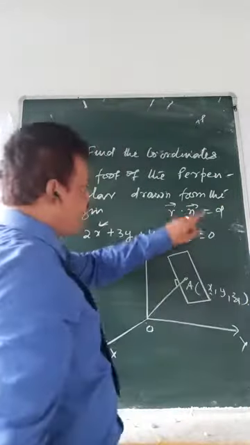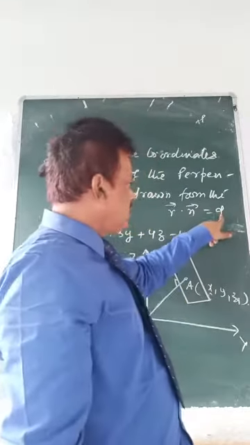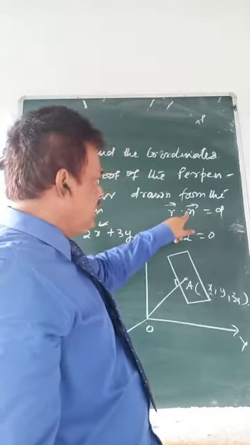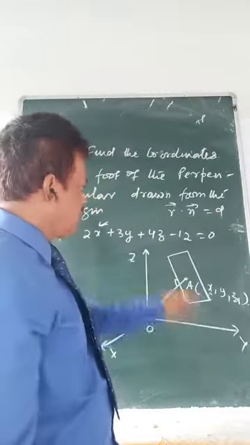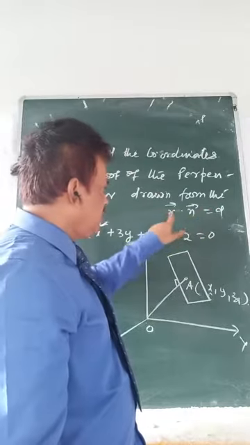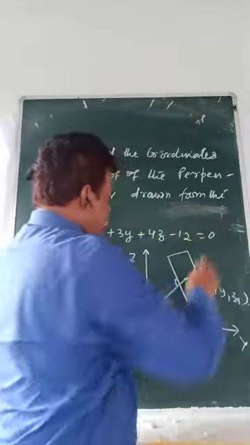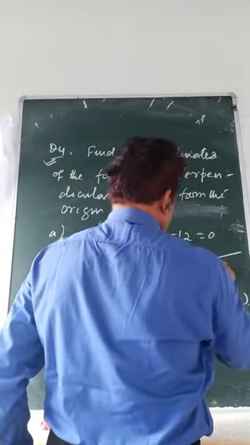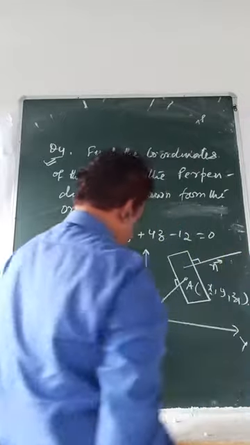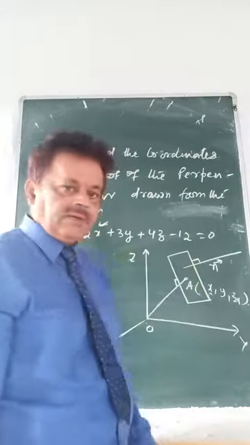A plane is defined by a normal to it and a distance. But this is not the distance from the origin; when n is a unit vector, it becomes the distance from the origin. So r dot n equals d is the standard form of the plane. So this plane has a normal, and this is also perpendicular here.